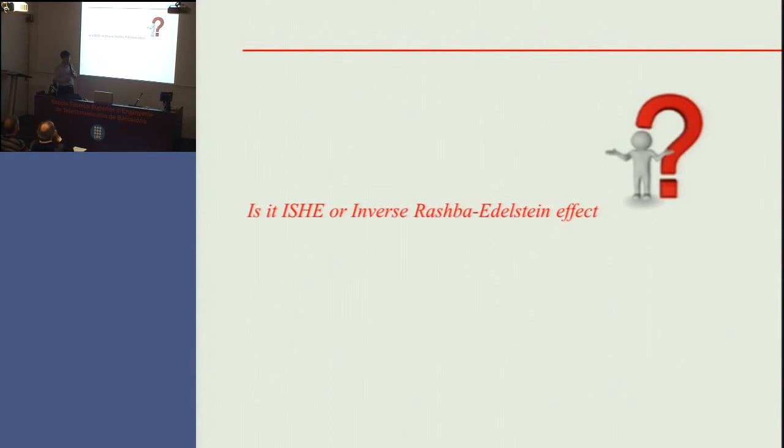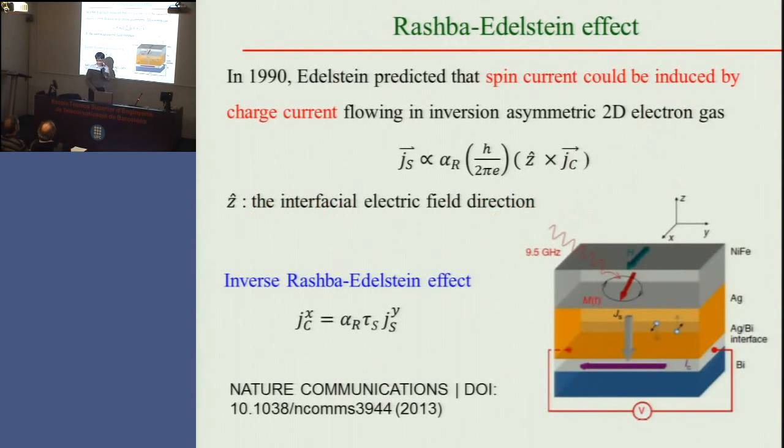In real two-dimensional materials, if you have large spin-orbit interaction couplings, then you could expect the Rashba-Edelstein effect. What is the Rashba-Edelstein effect? It is simple: if some current flows in a two-dimensional system, because of the Rashba effect, you could expect spin accumulation.